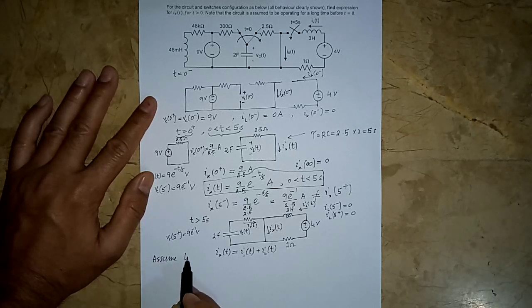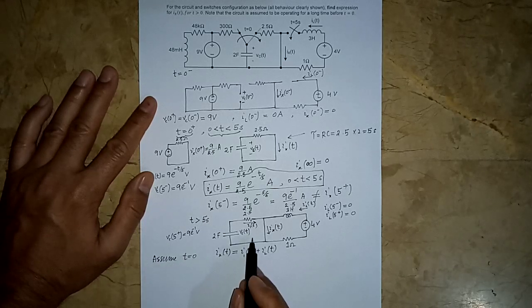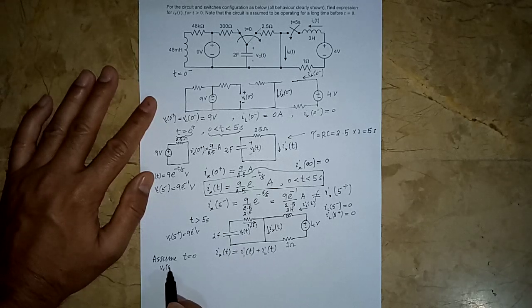So let us assume that this circuit started operation at t equal to 0. In that case, VC at 0 plus is 9 e raised to the power minus 1. IL at 0 plus is 0. And what will be the expression for this VC? So VC(t) would be the initial value.